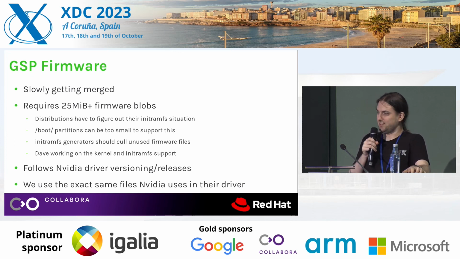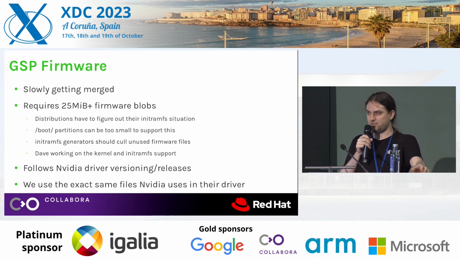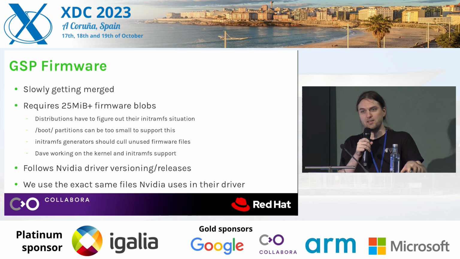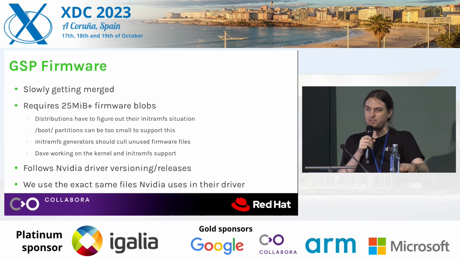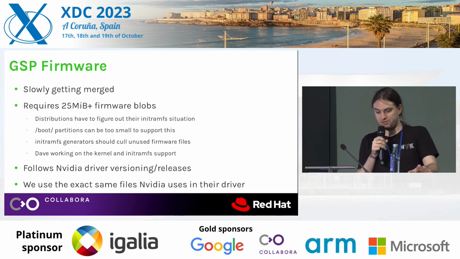So to tackle this, Dave came up with an idea. It's somewhere on the mailing list. It's quite old, but it's basically an idea to version groups of firmware files so that user space can say, okay, I have these 100 files, but I actually only need 10 of them because the kernel already supports the newest ones.